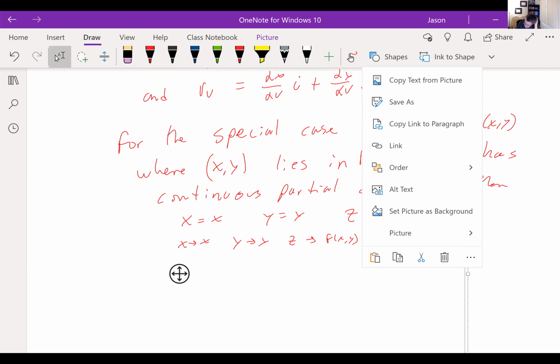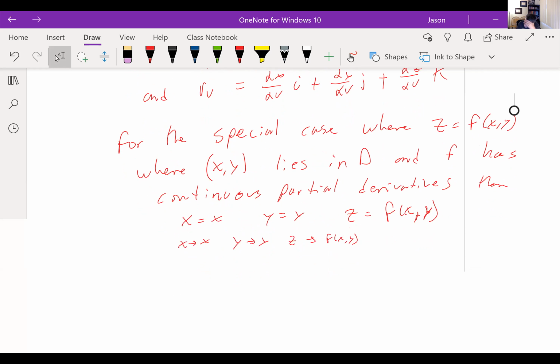It's getting a little confusing in a way, but what if I did it like this? Let x be u, let y be v, and let z be in terms of u and v. Then we could kind of make sense of this, I'm thinking.